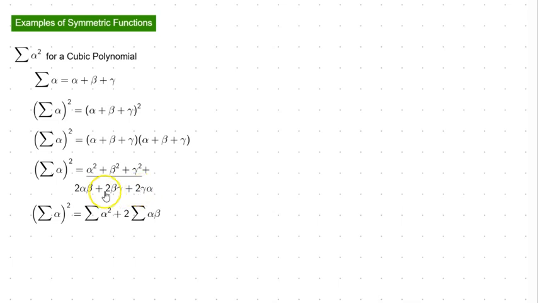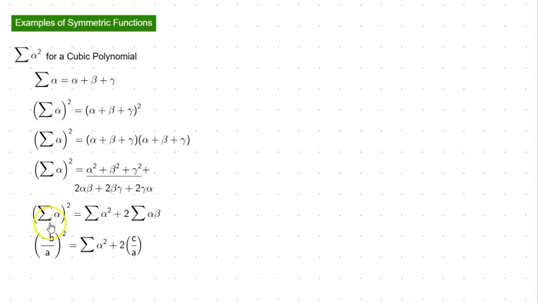And these three terms, 2 alpha beta plus 2 beta gamma plus 2 gamma alpha, can be written as 2 times sigma alpha beta. Now here, immediately you recognize that we have to figure out sigma alpha square. Keeping that in mind, let's see how we can simplify it.